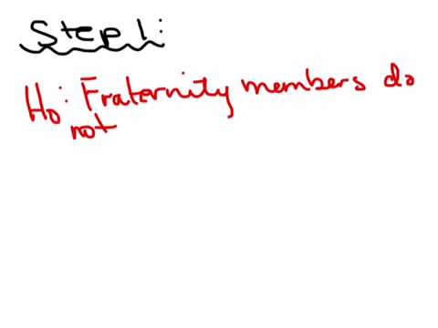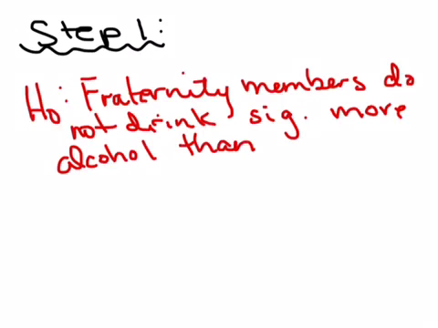fraternity members do not drink significantly more alcohol than non-fraternity members.